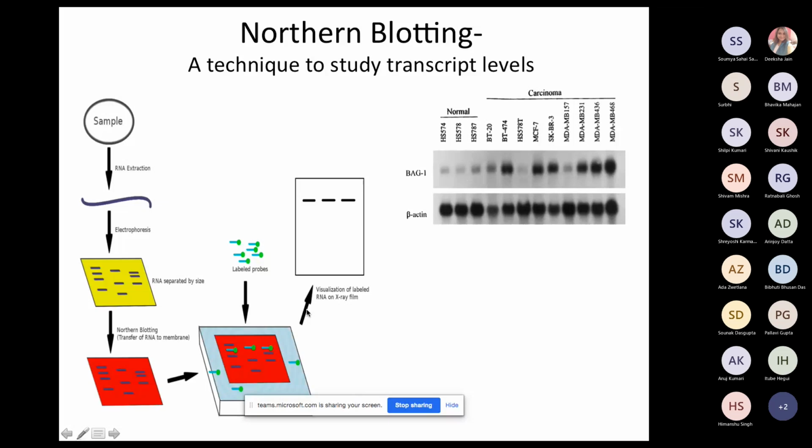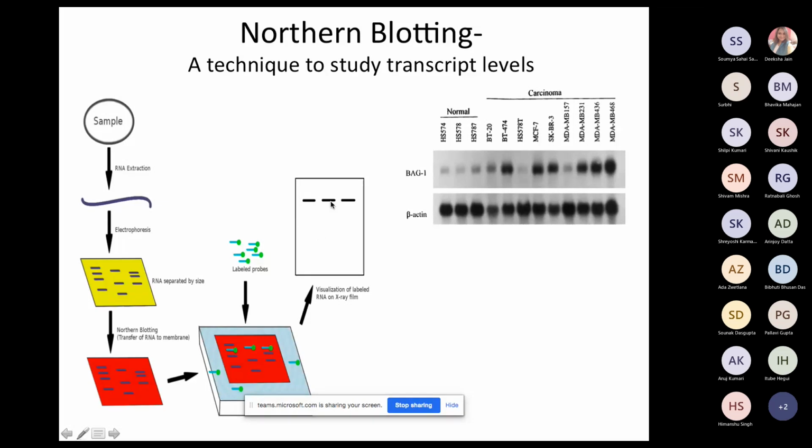Then what you do is that the membrane that you have got, you incubate that with a solution in which you add your specific probe. What will happen is that among these various RNAs which are present on this membrane, your probe will go and bind to your gene of interest.